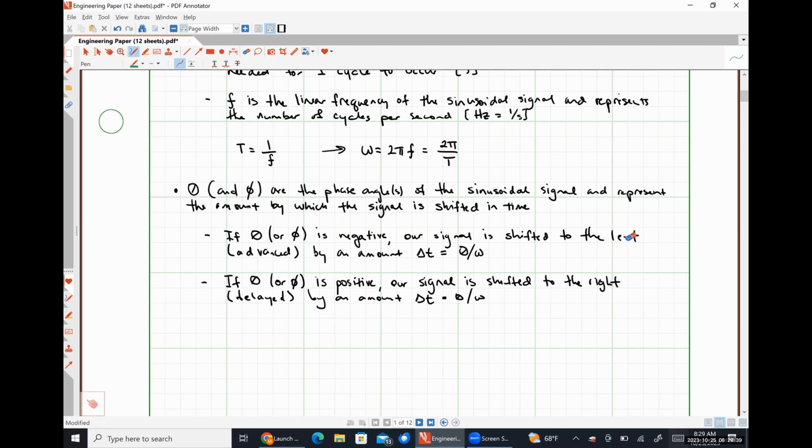Nope, I just got this part backwards. So if our phase angle is negative, we have a right shift. If our phase angle is positive, we have a left shift. This should be delayed. This should be advanced. It would have been easier to just change negative and positive now that I'm looking at this. I apologize for the confusion though.